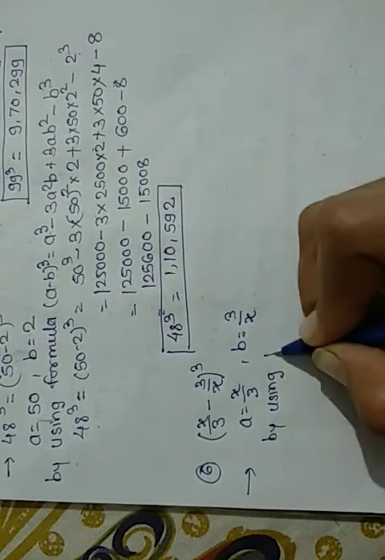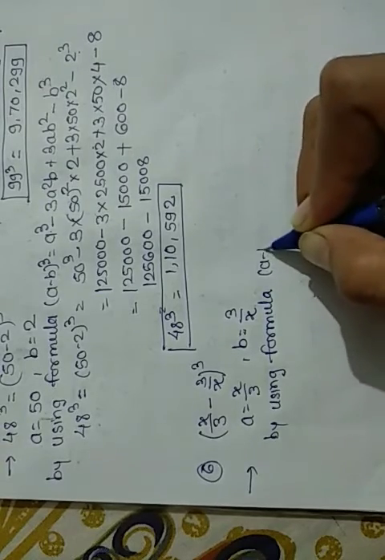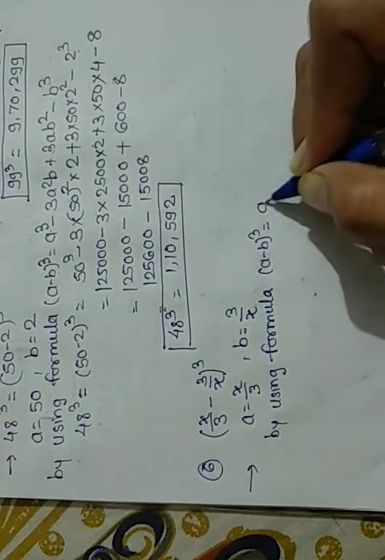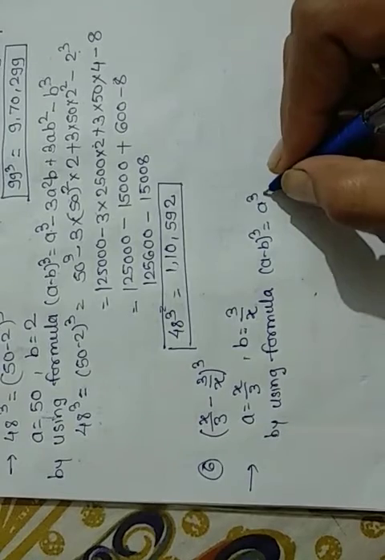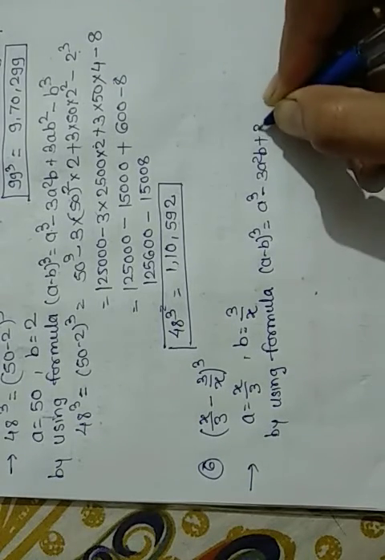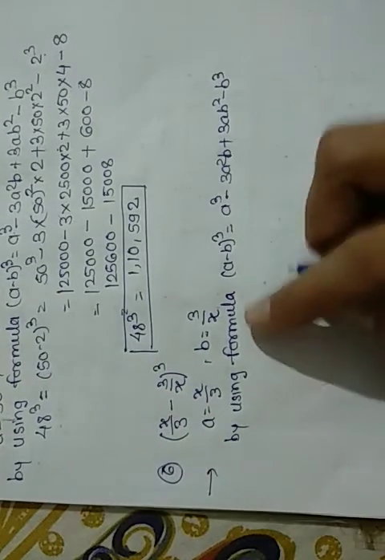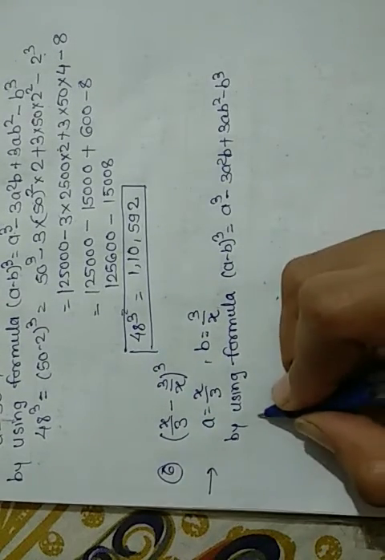Now by using the formula, (a minus b) bracket cube is equal to a cube minus 3a square b plus 3ab square minus b cube. Now put these values in this formula.